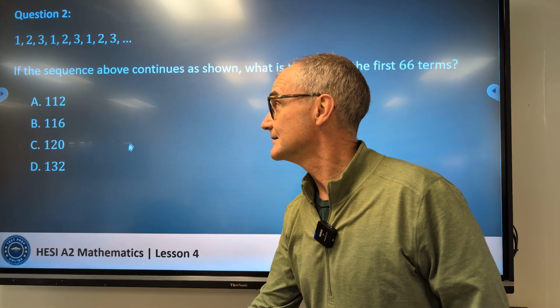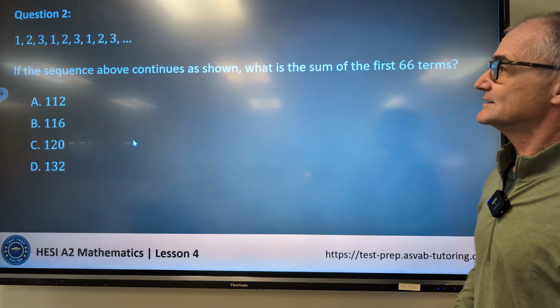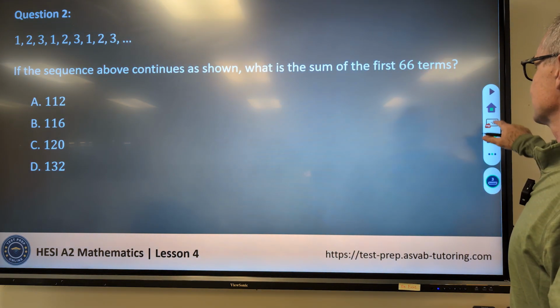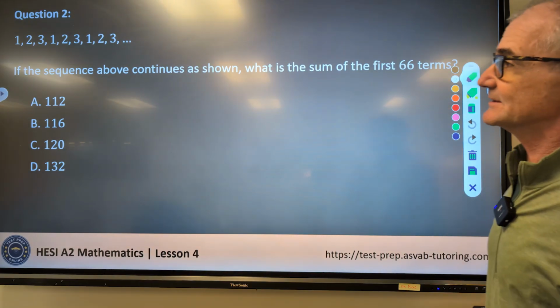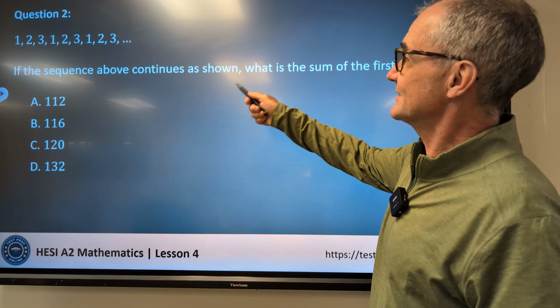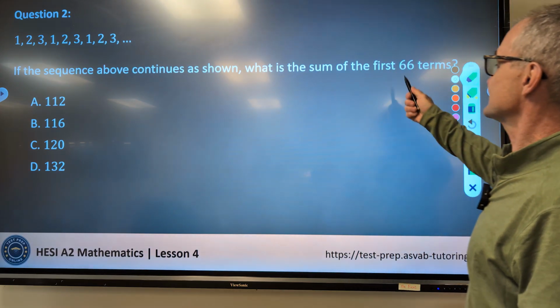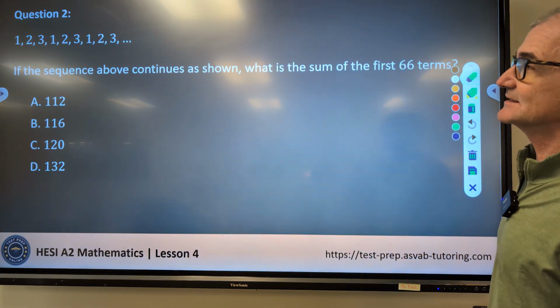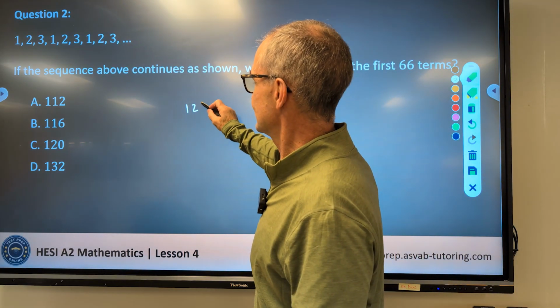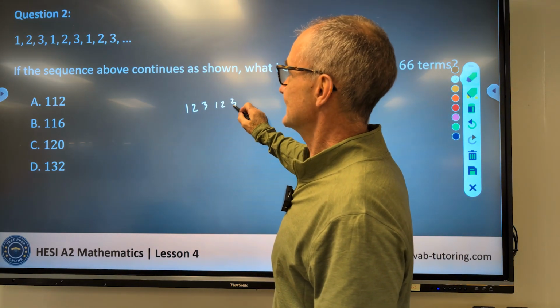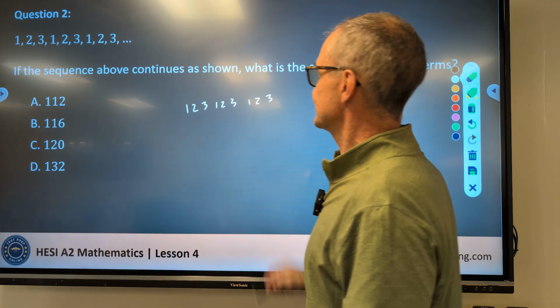Okay. Number 2. If the sequence above continues as shown, what is the sum of the first 66 terms? So that means we have 1, 2, 3, 1, 2, 3, 1, 2, 3.